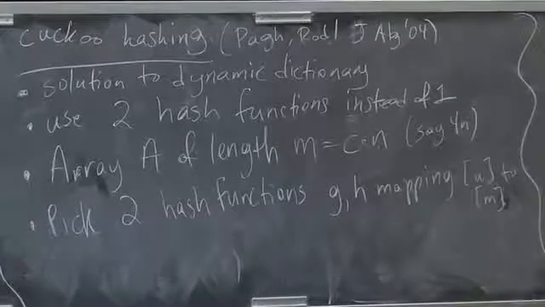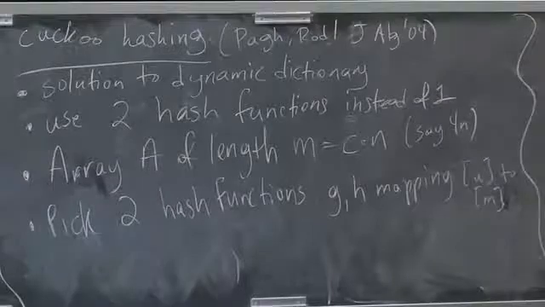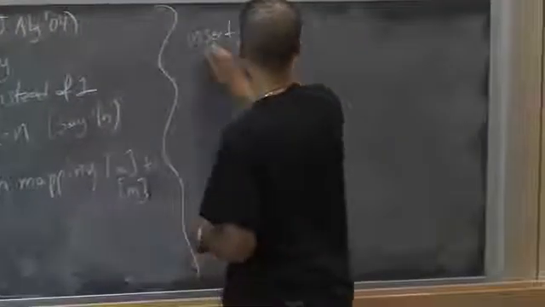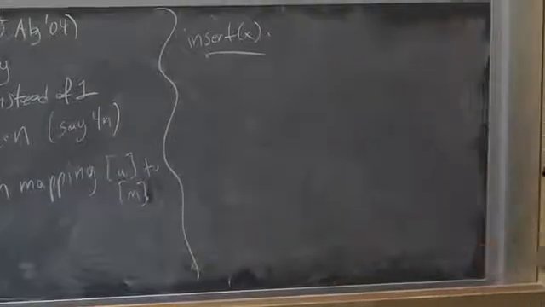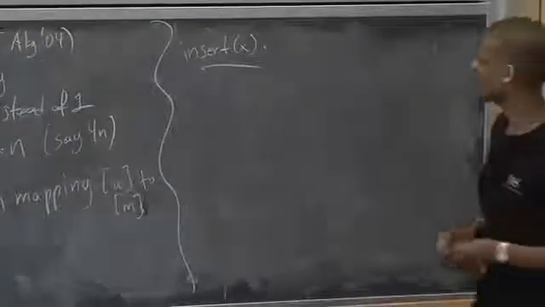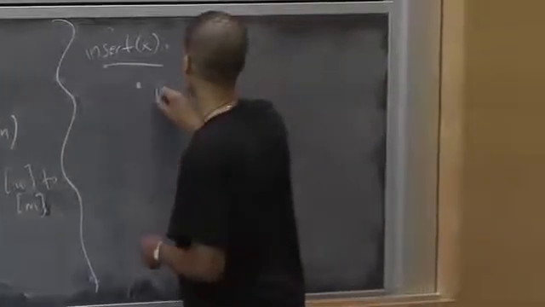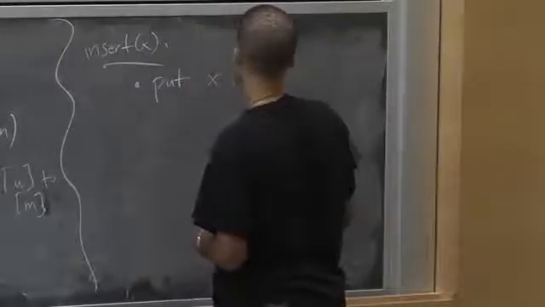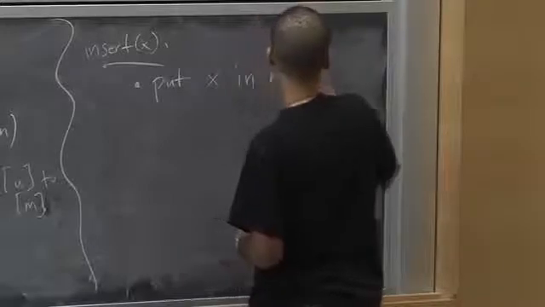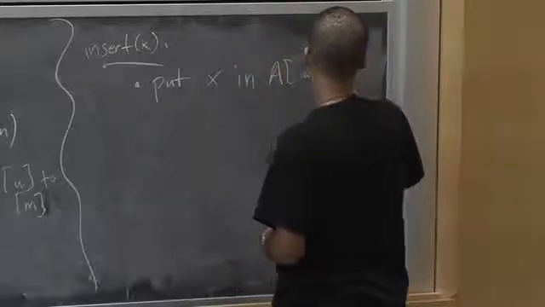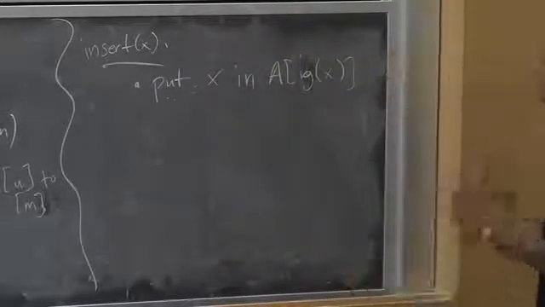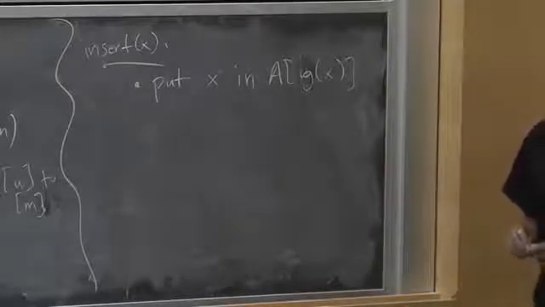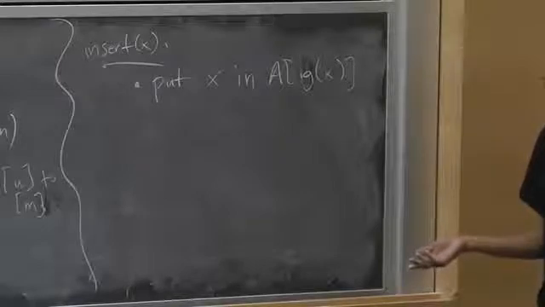So the idea here is, let's say we want to insert x. Nests here are going to be memory cells. Put x in A of g of x. So just evaluate g. That tells you an entry, and put x there. But there might be someone else there.